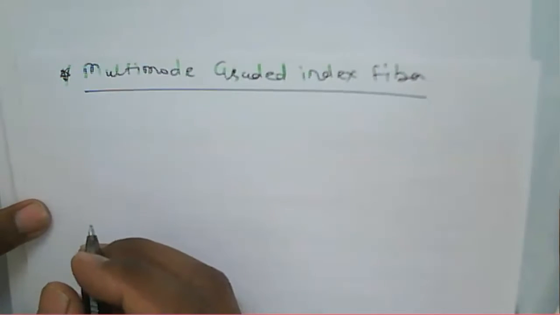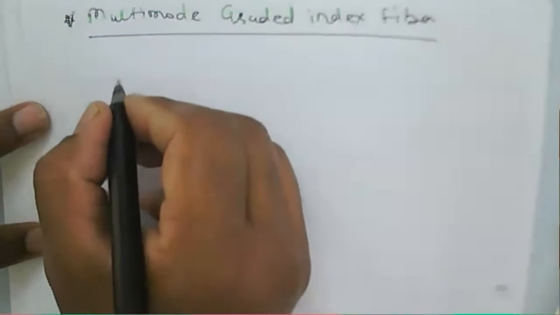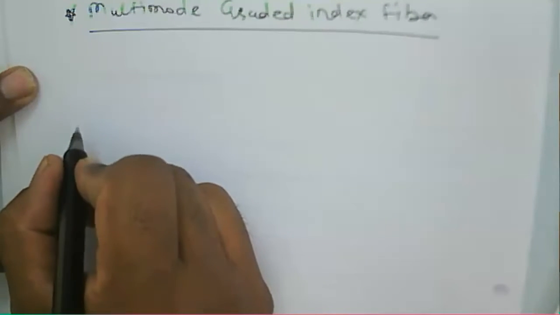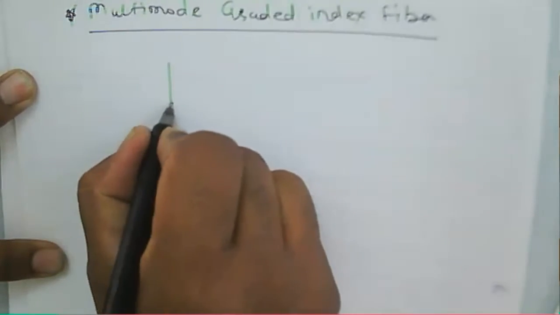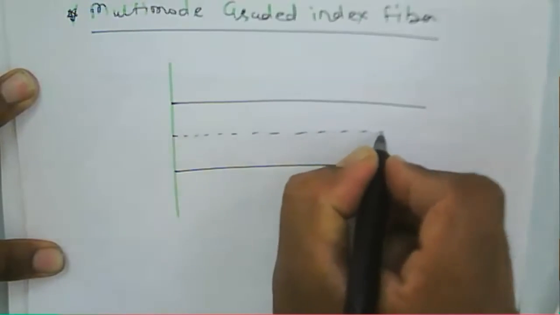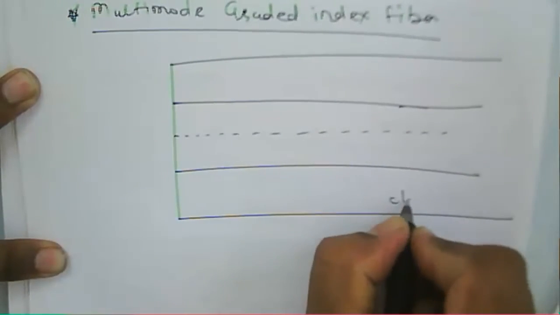So in the multimode graded index fiber, the core profile is a parabolic one. This one is your core, this one is the axis of the fiber, and this one is nothing but the cladding.